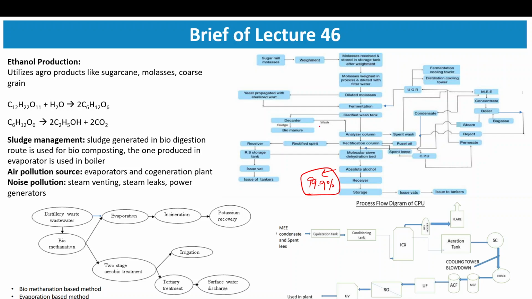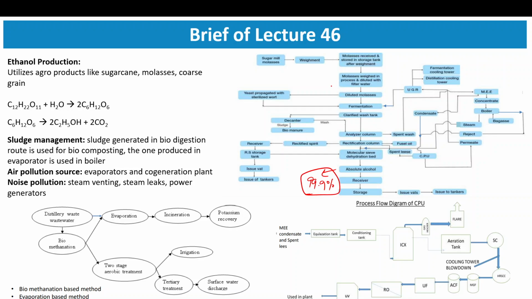Now, in all the steps there is water which is separated and obtained. If you talk about this rectification column, there will be a water plus ethanol mixture, and further byproducts formed. Then there will be washing of equipment, and if you talk about molasses, you have diluted it, and there is the fermentation also.